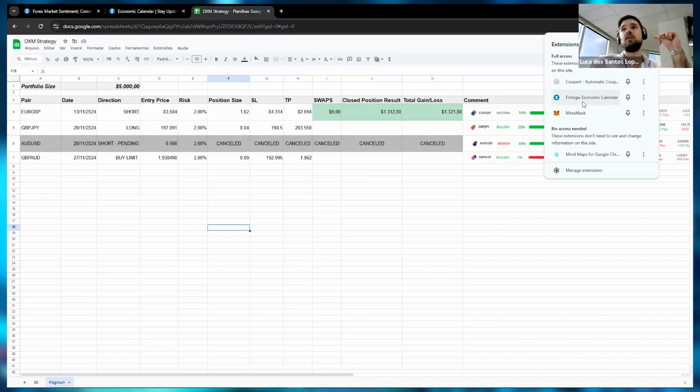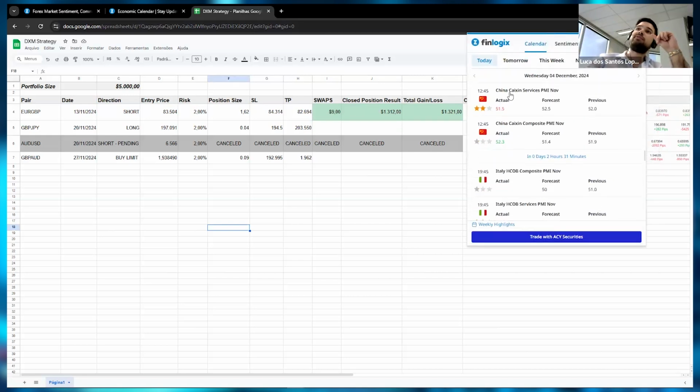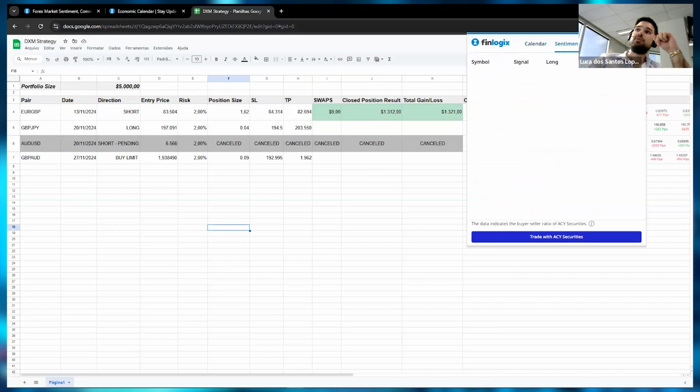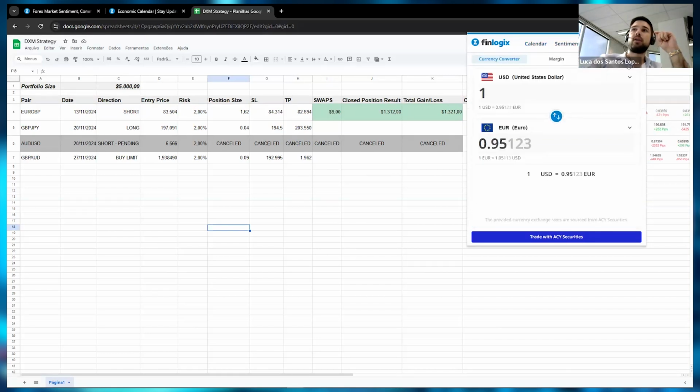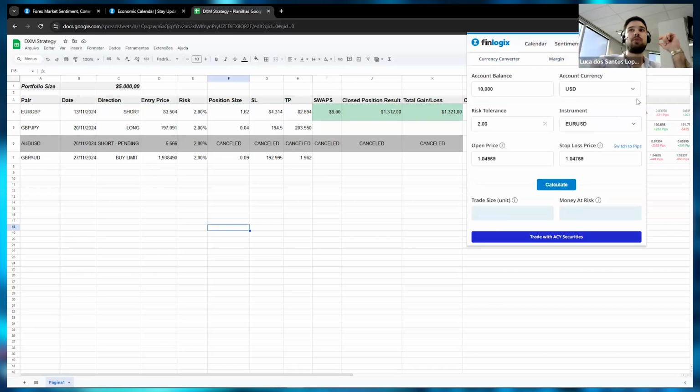And I already have here in my plugins the FinLogics plugin. So you have the calendar, the sentiment, the news, and there's the calculator. Then you can use the currency converter, you can calculate the margin, and you can calculate position size. That's what we're going to be using today. All right, so that's exactly what we want to use.